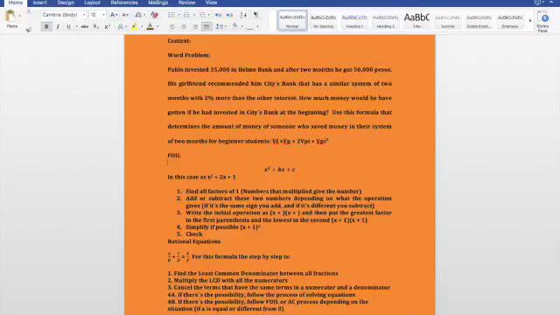First you find all factors of 1 in this example, then multiply.